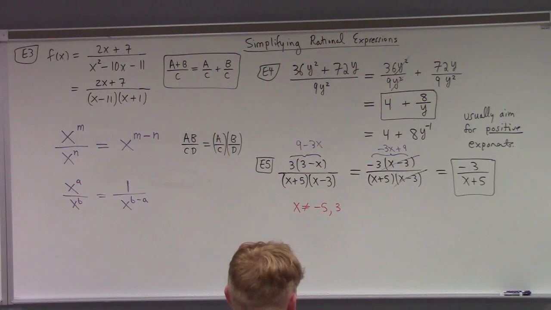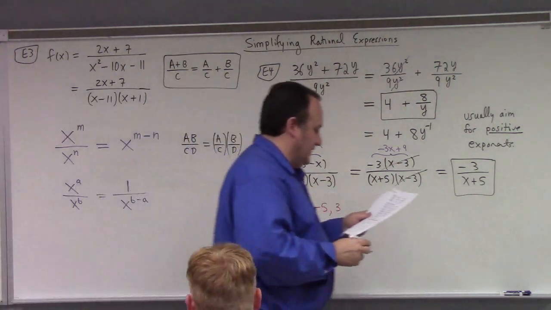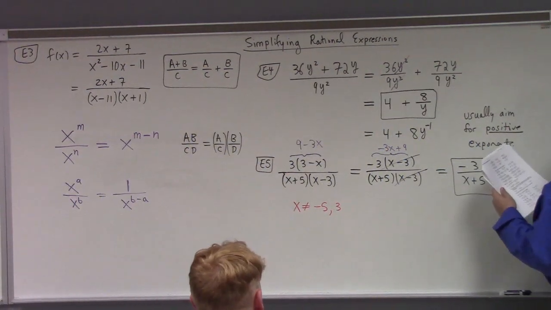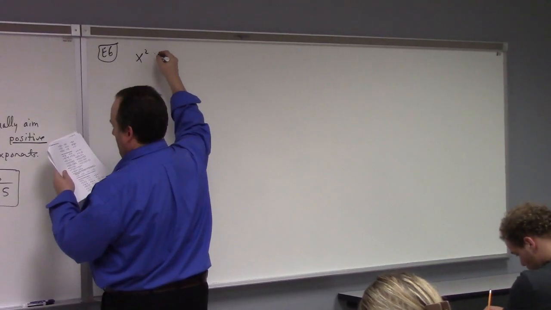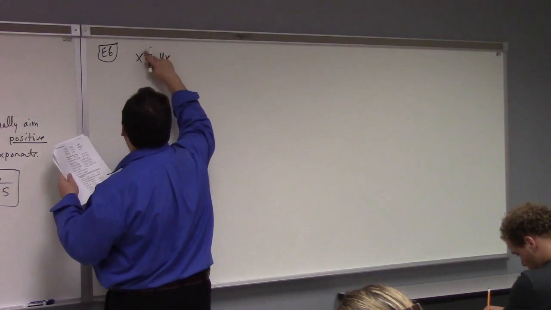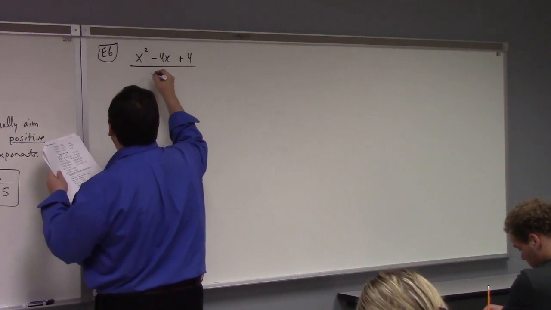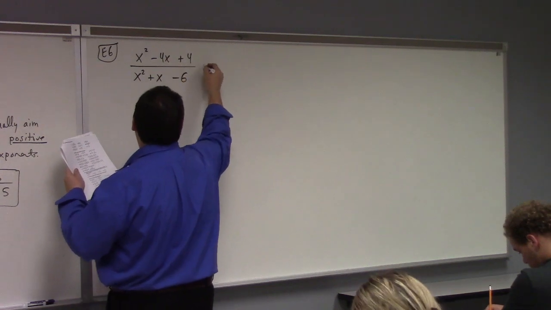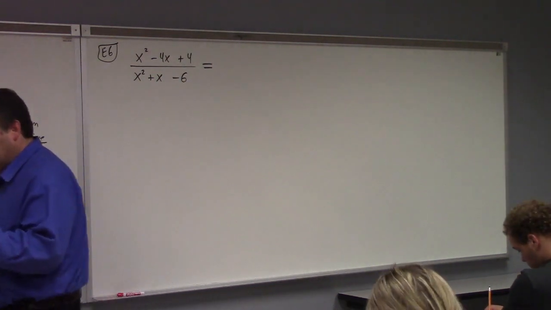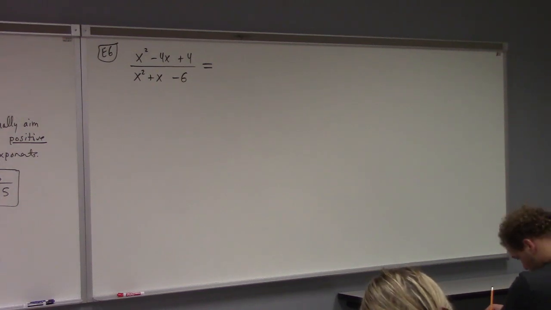So next up, we should talk about a more interesting simplification problem. Example 6. What if we're up against, let's say, x squared minus 4x plus 4 divided by x squared plus x minus 6? How can we simplify that? Can you factor it? Yes.